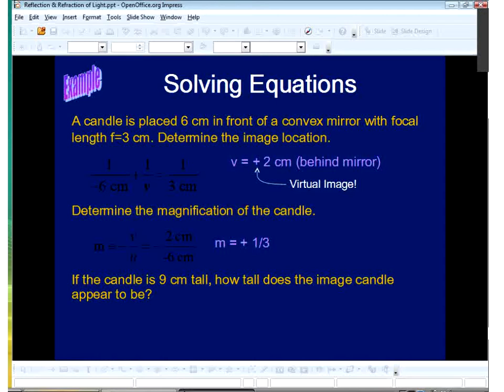And I hope you understand that the observer is here. The observer is watching from the left side. The observer is not on the other side.